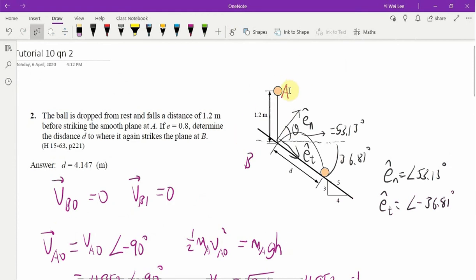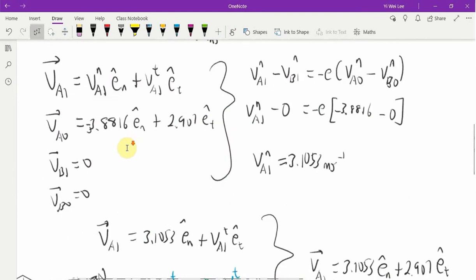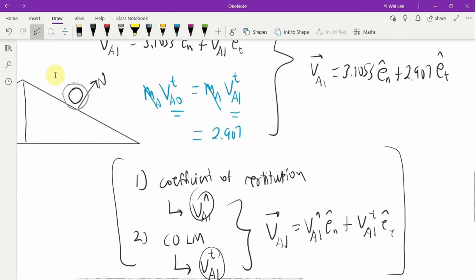Now, some of you might ask, why during collision can we say that the momentum is conserved along this direction? Because I say that there's no external force along this direction. You might argue that there's actually a gravitational force along this direction. Well, the answer is that during collision, the collision force is so large that we actually ignore this gravitational force.